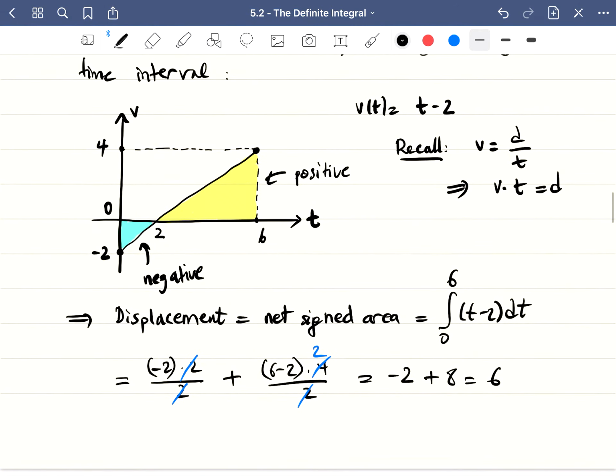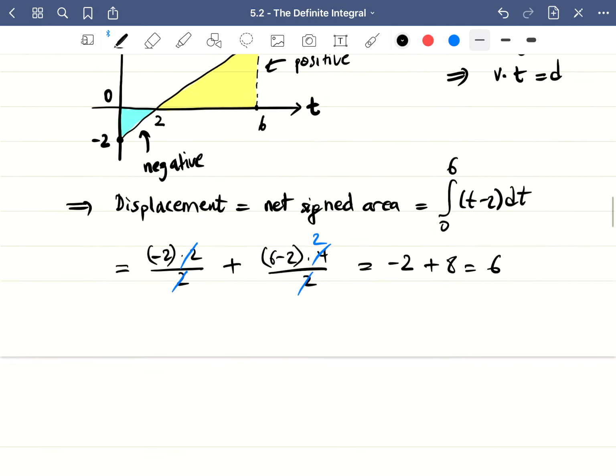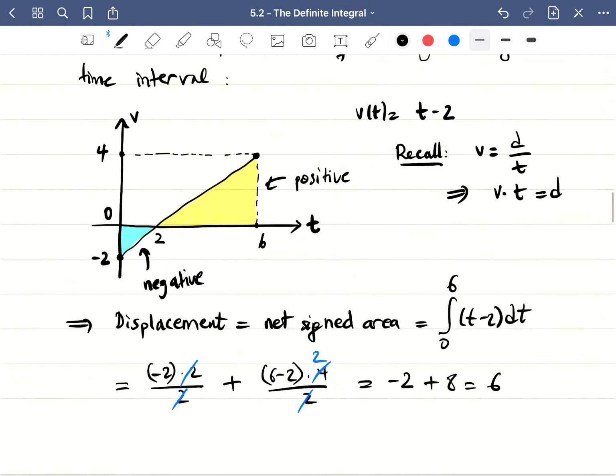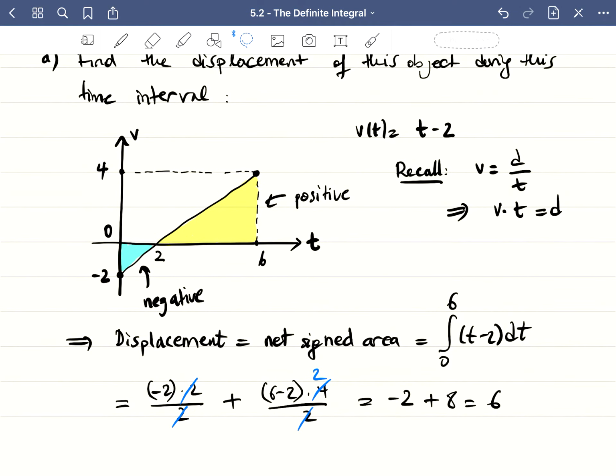Now if you want to find the distance traveled, which is part B, you have to consider both areas as being positive. Okay, so let's find the distance traveled. Let me copy this graph here because I need this.